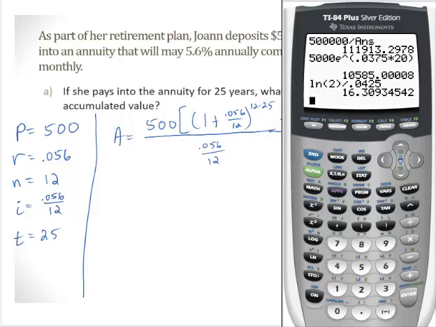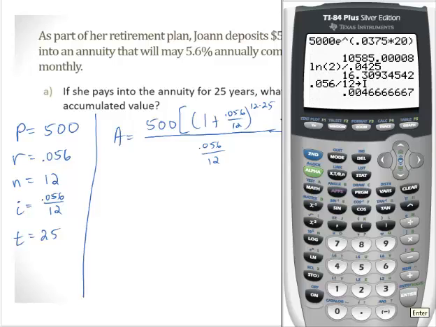If I type 0.056 over 12 and I press store, S-T-O, I'm going to store it under the alpha I. And it gives me that number, 0.046, etc. So now what I'm going to do to calculate this, A is equal to 500. I don't have brackets, so I'll use parentheses.